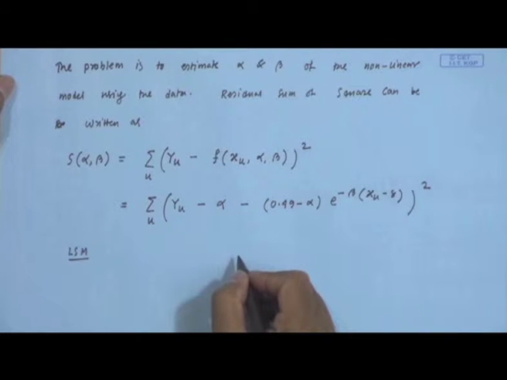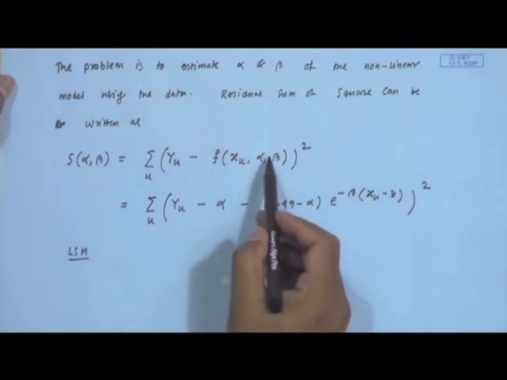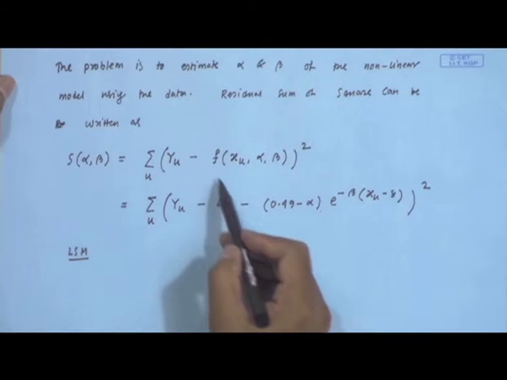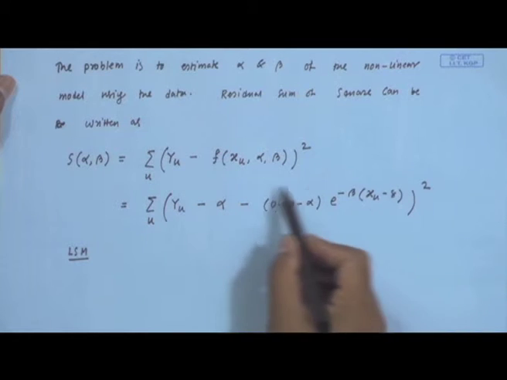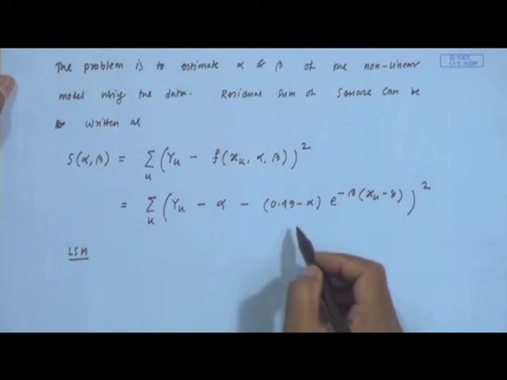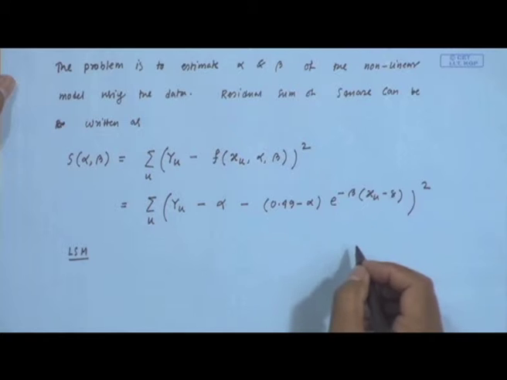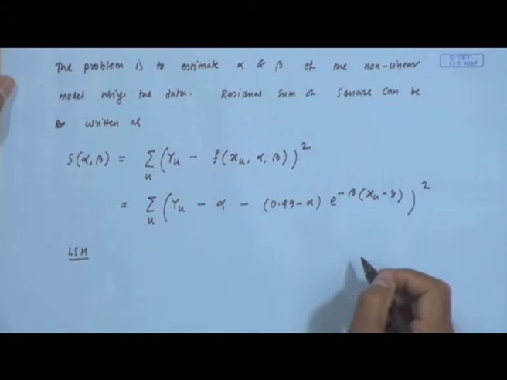Now, since the given function f or the model is nonlinear, the normal equations are going to be nonlinear, and it is very difficult to solve a system of nonlinear equations.